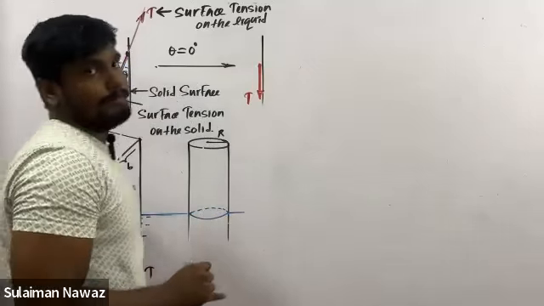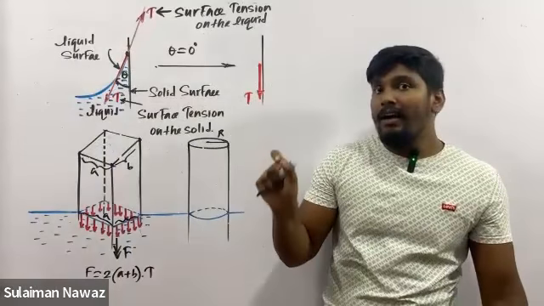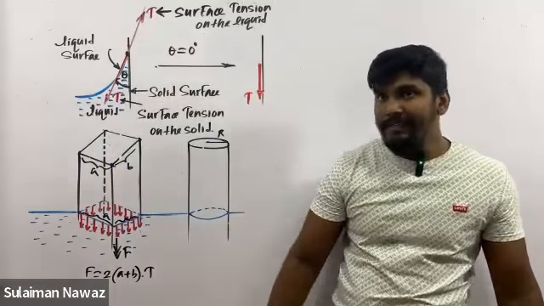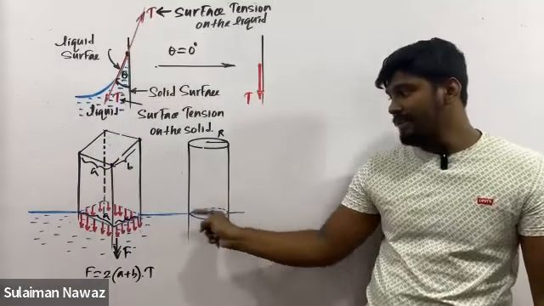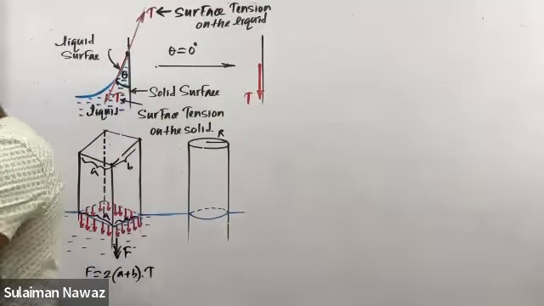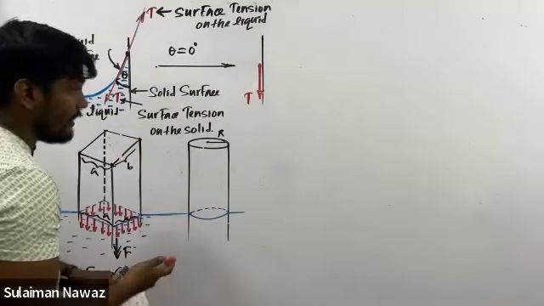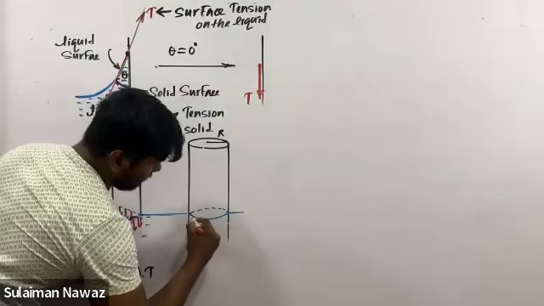If I ask what is the length of the solid cylinder which touches the liquid surface, it will be the perimeter, that is, the circumference of this cylinder. Then there will be surface tension forces exerted vertically downwards along the perimeter of the solid cylinder.